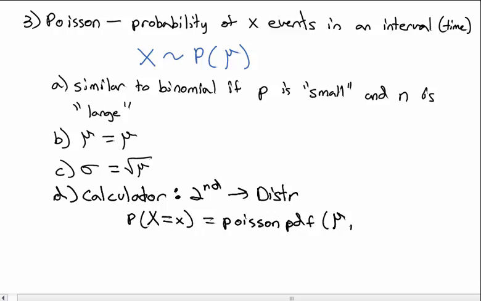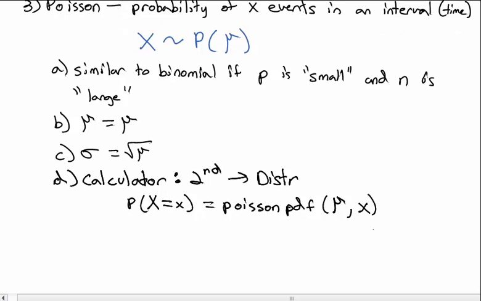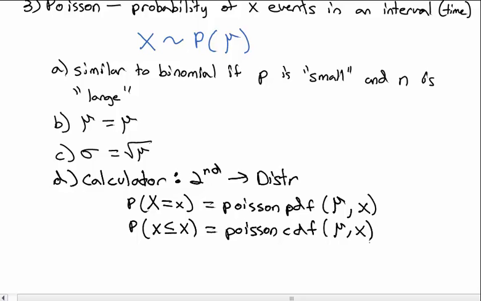We will put mu in so we know what the average is, and then we'll type in the number that we're interested in working with. If we want to know the probability that x is less than or equal to some value, that's going to be a cumulative distribution function, again of mu, x.